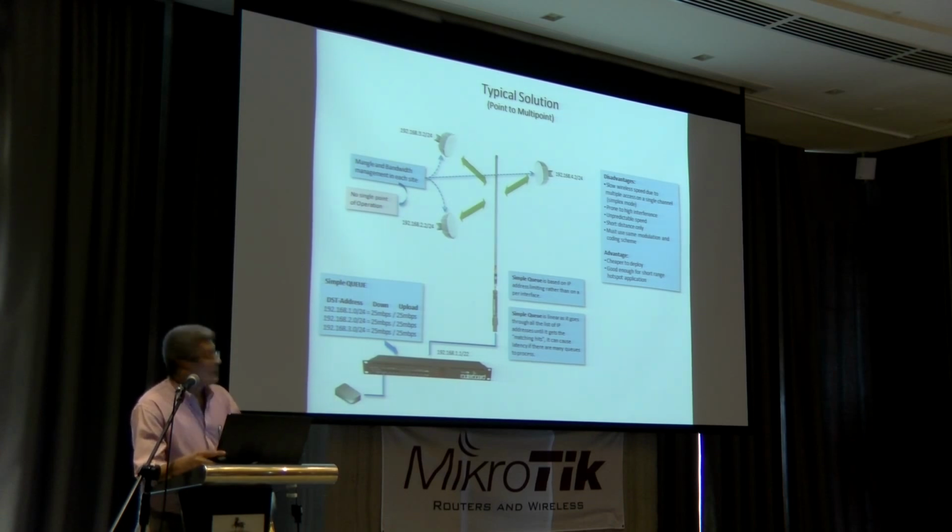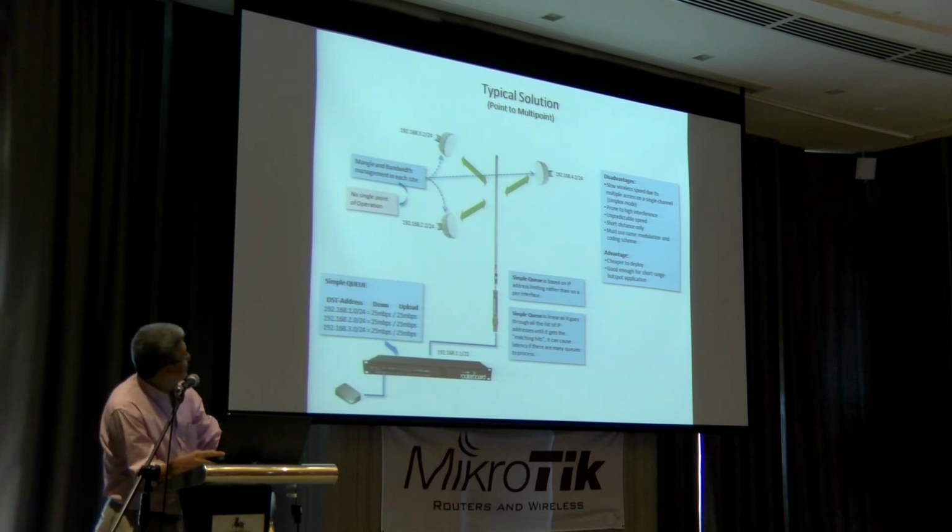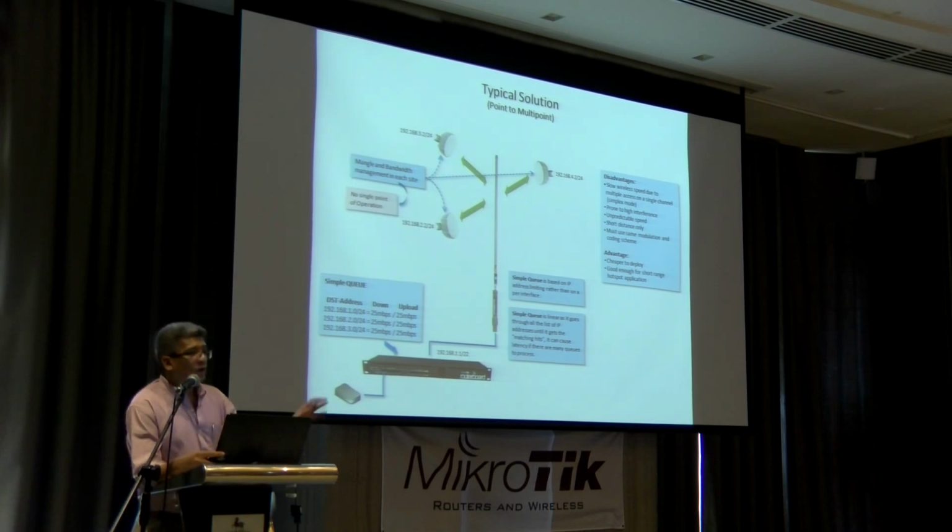Another thing you'll notice is that the whole network must be on the same subnet. Site 1, Site 2, and Site 3, and then the core router must all be on the same subnet, and that could cause broadcast storms. That could cause a lot of trouble because you need to manage a large number of IP addresses.